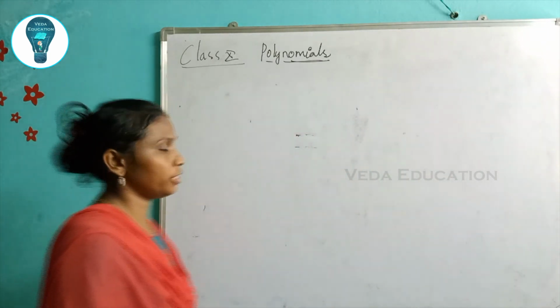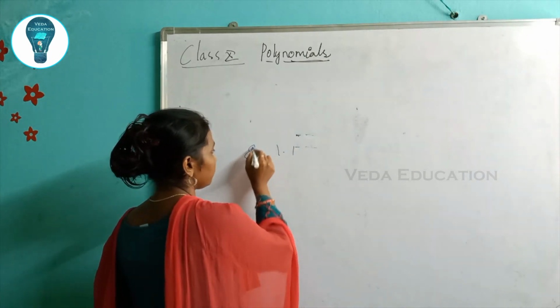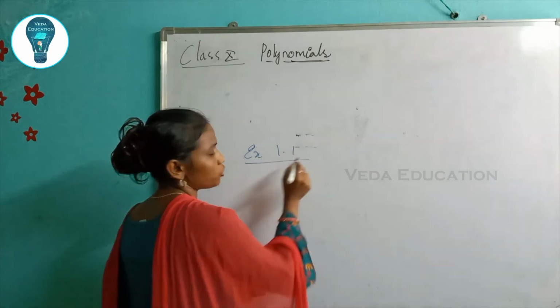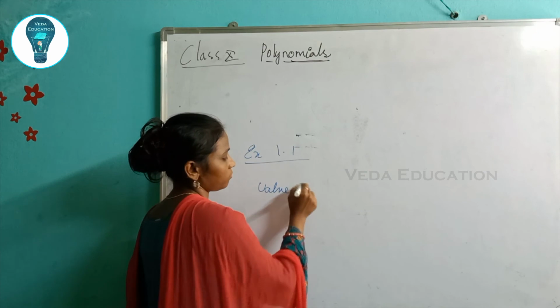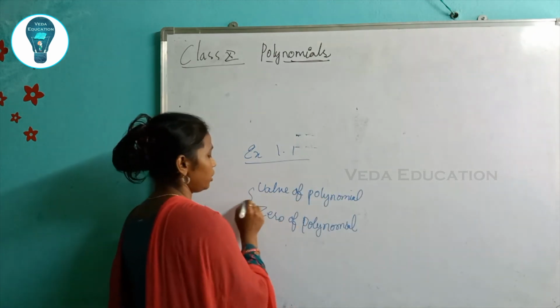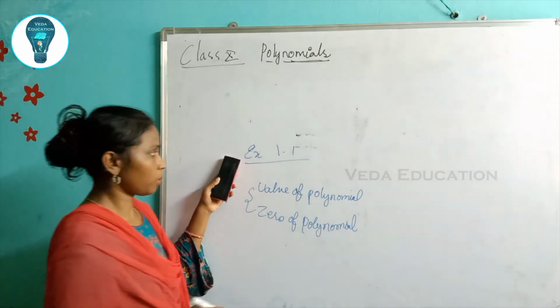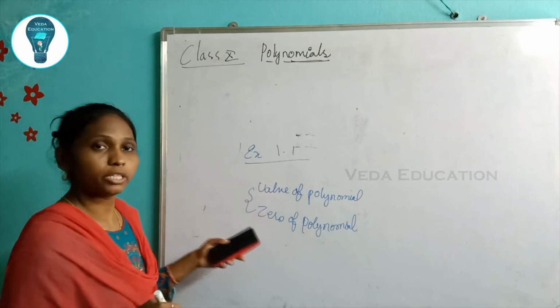What is factorization? Before that, the first exercise 1.1 is based on value of polynomial and zero of polynomial. So based on these two topics, we will have the exercise problems 1.1. Everyone solve these problems by using these concepts.